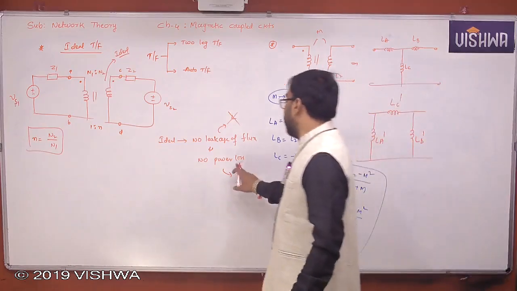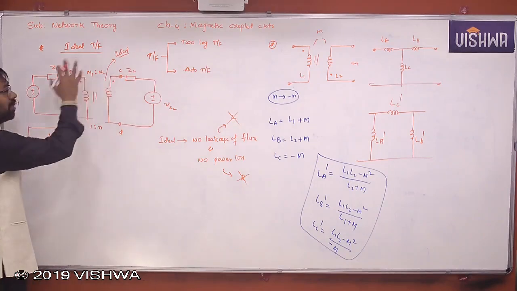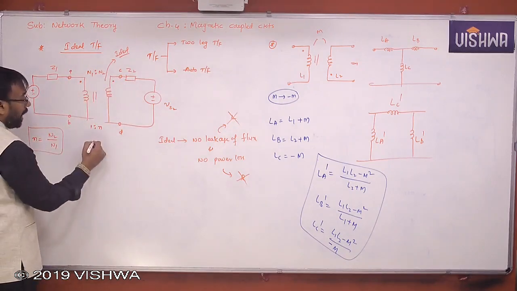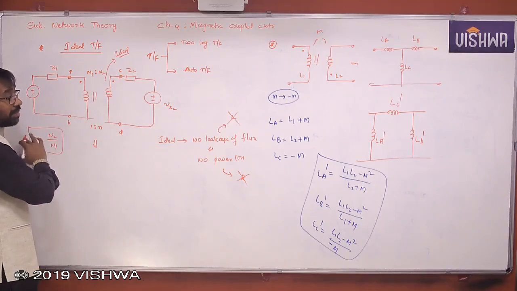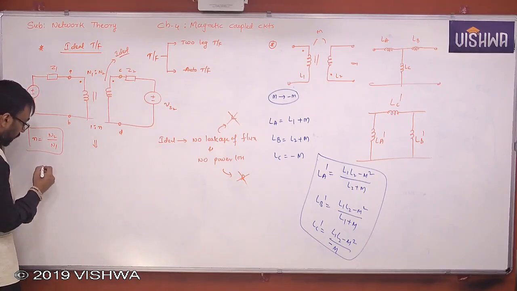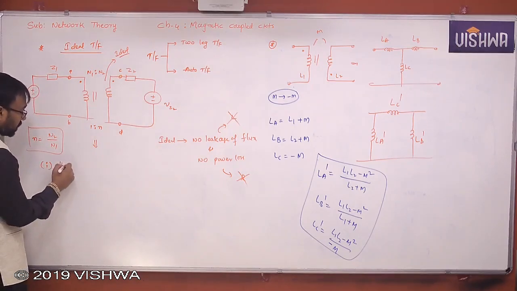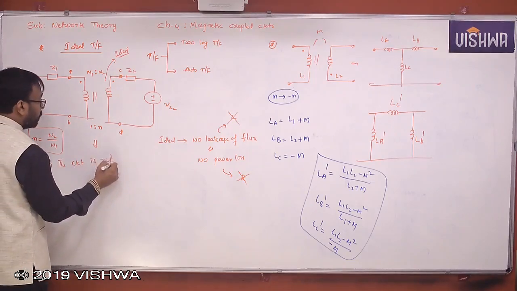So when there is no power loss, there is no R at all. Understand all of you? So these kind of problems generally can be handled by referring the circuit towards the primary or towards the secondary. Okay. So suppose I take the first case, the entire circuit is referred to primary.